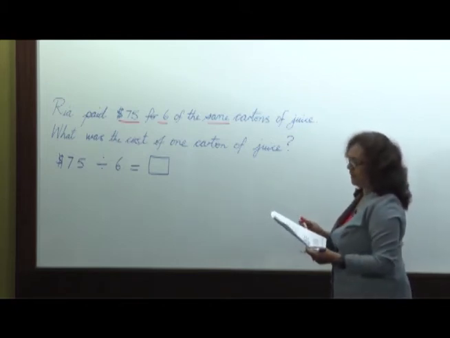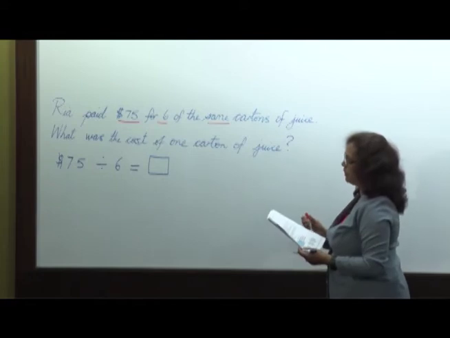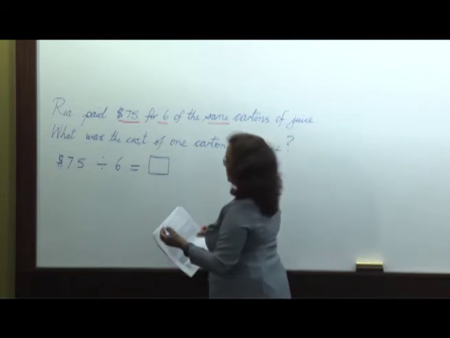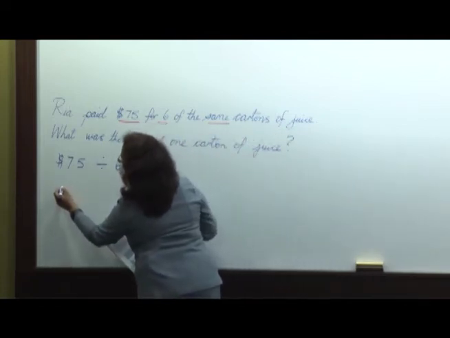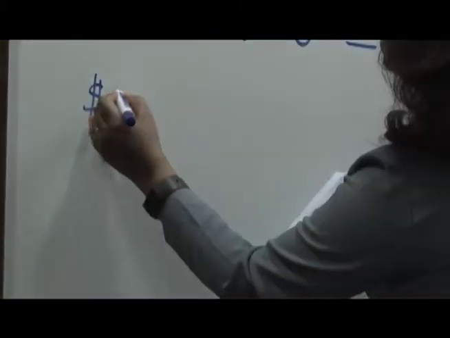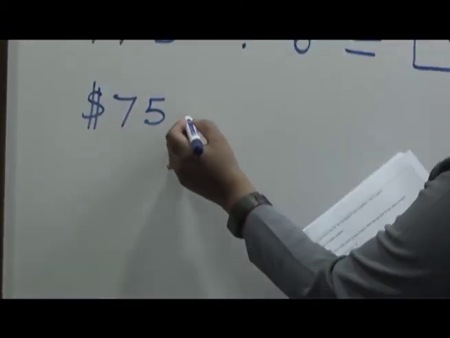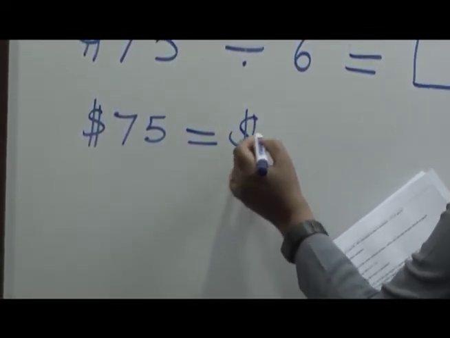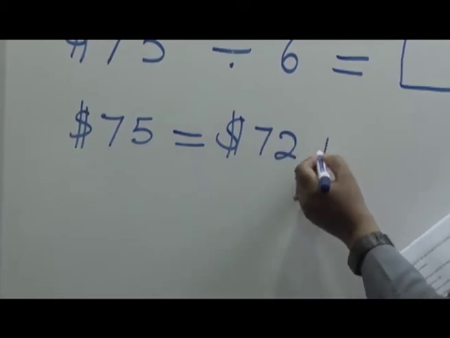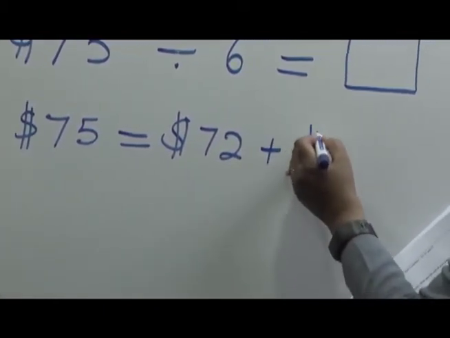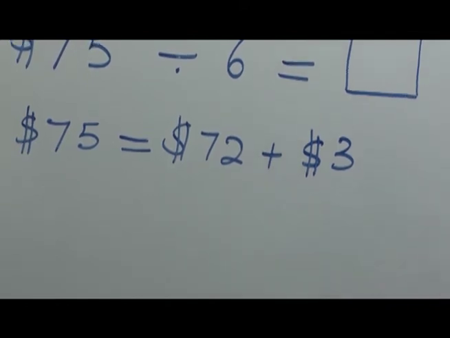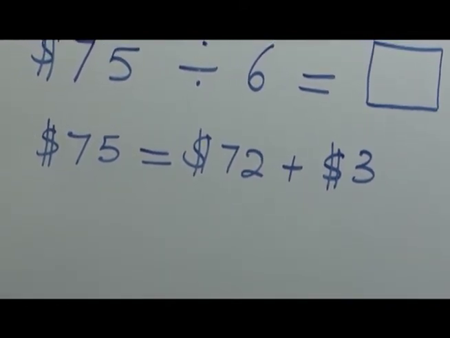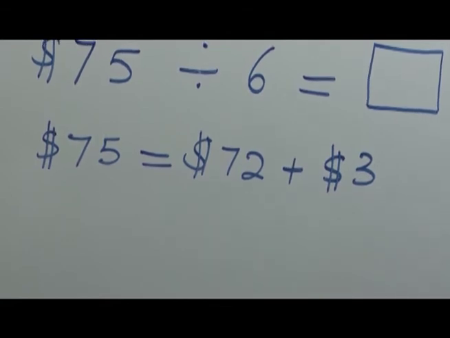I'm going to take the 75 and I'm going to break it down into 2 numbers that are smaller and that can still be divisible by 6. So I am going to use 75 maybe because I know what 72 divided by 6 is. So 75 is equal to $72 add $3.